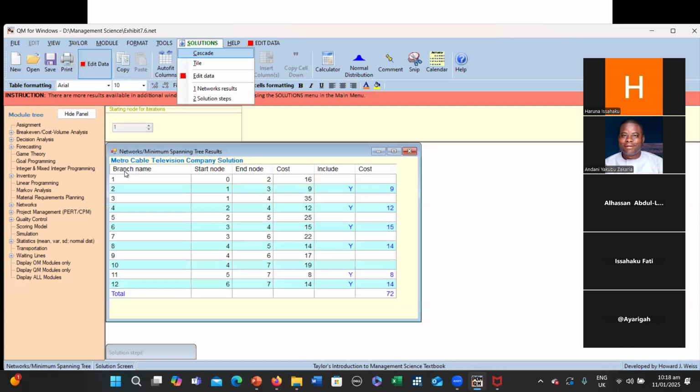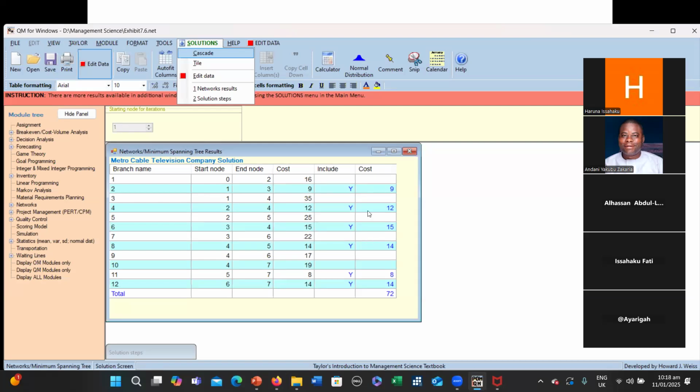You see the branch name. You see the node from node 1 to node, for instance, the start node and the end node. Then the cost. Here, the cost talks about distance.